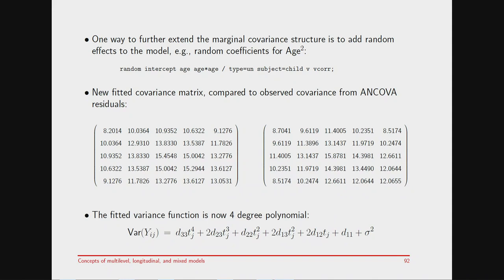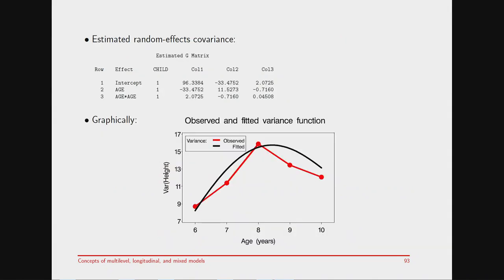And if I now redo the whole calculation and I look at the new fitted covariance matrix and compare it to the observed covariance matrix, then you will see that we get much closer already. So it increases and it starts to decrease. And if I look at this in a picture, the red curve is the same red curve as before, of course, because this was just the observed variability in the data. And then you see that your black curve goes much more closely to the shape that you had seen in the data.